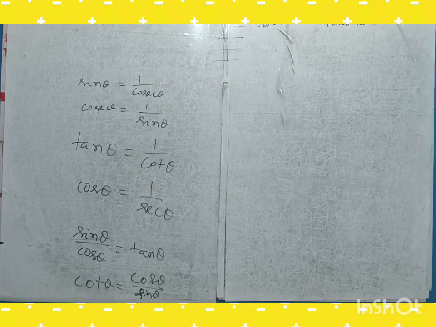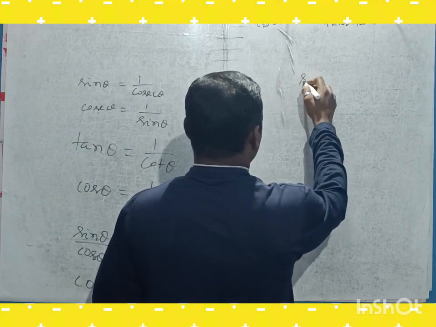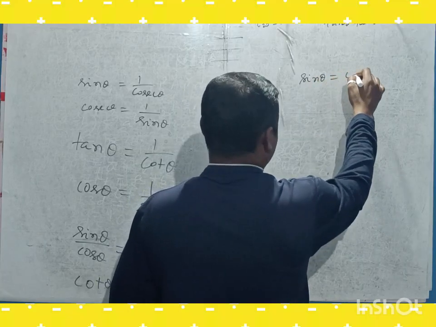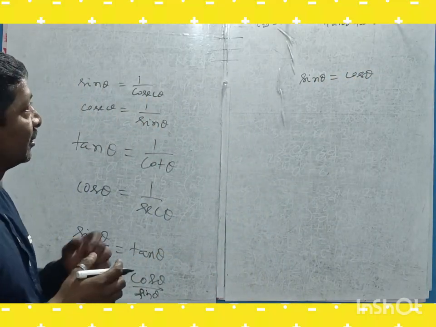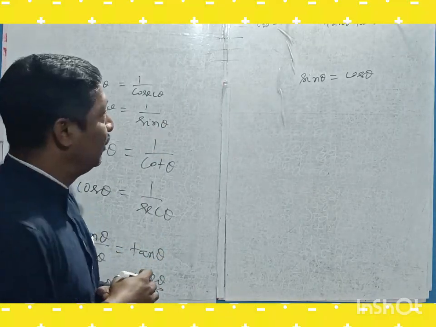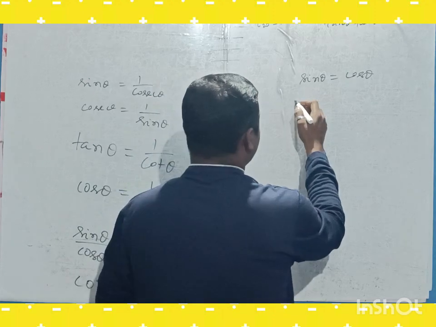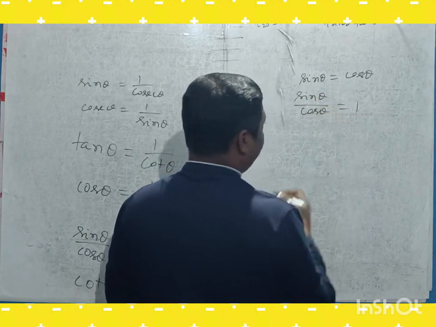Let's solve one problem. The problem is like this. Given that sin theta equals cos theta. It is the given value. So what can I write? Sin theta by cos theta equals 1.